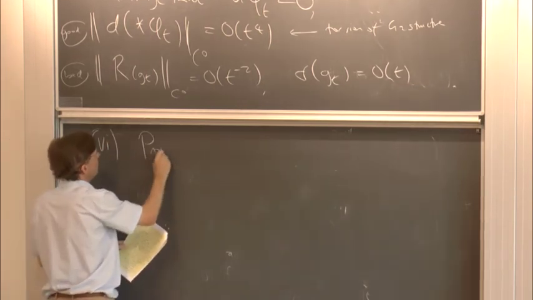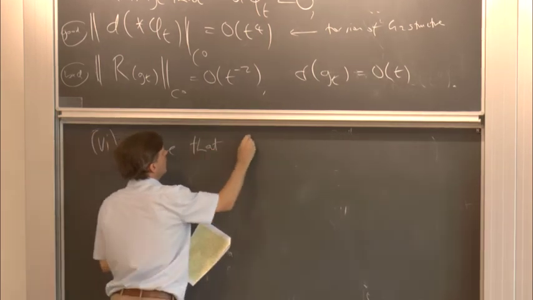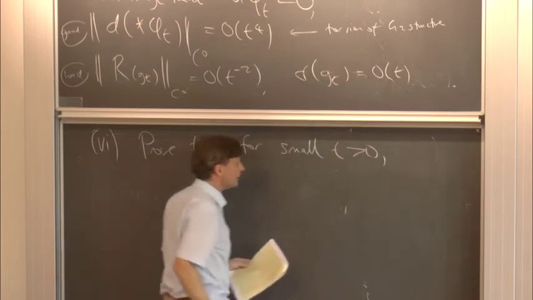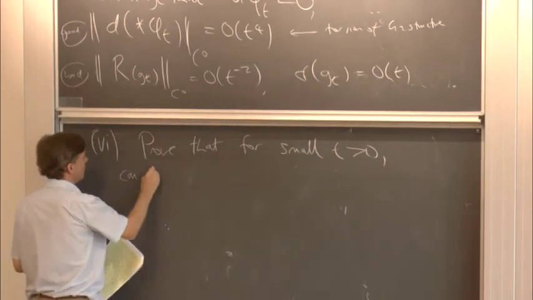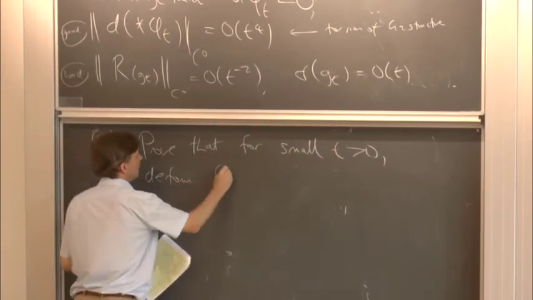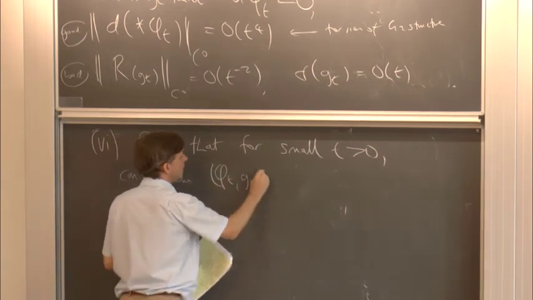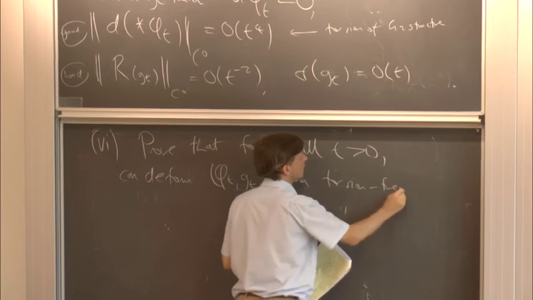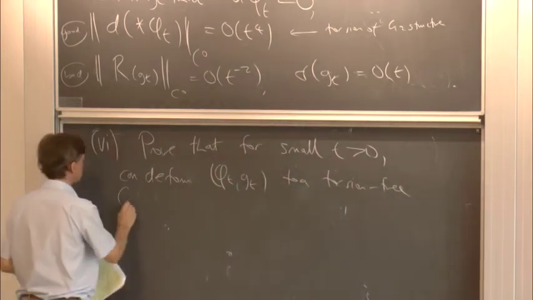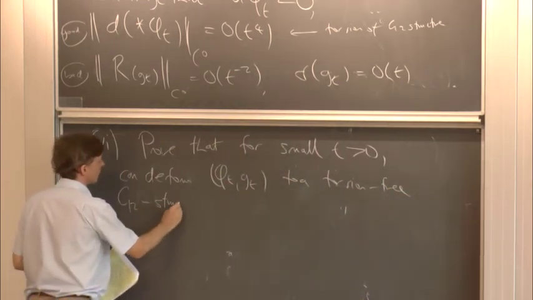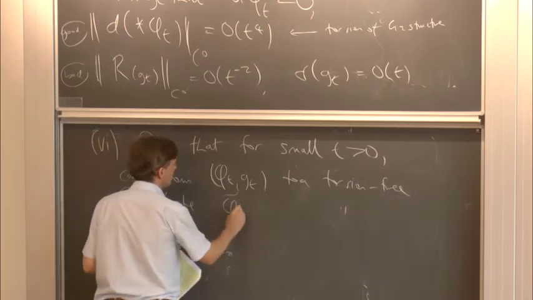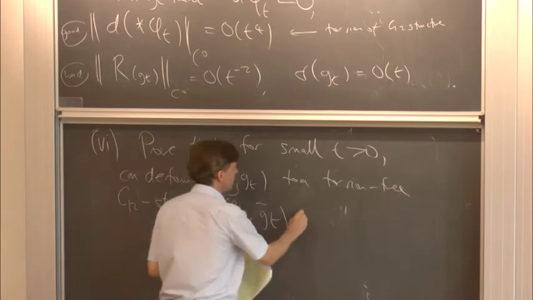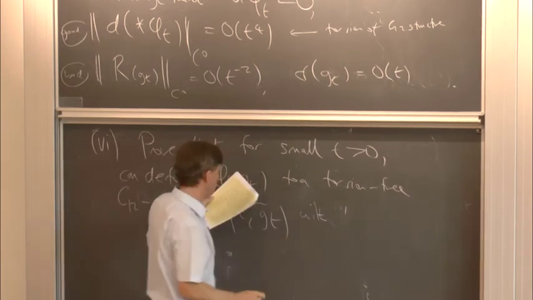We prove that for small t greater than 0, you can deform phi t, g t to a torsion-free G2 structure phi t twiddle, g t twiddle, which is close to phi t.